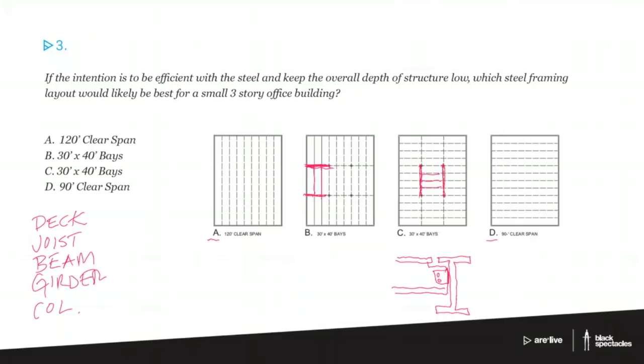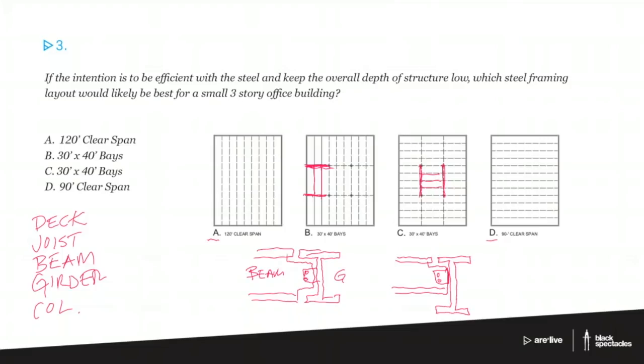When we look at that same situation in the B scenario, where the girder, the one that's taking more load, is spanning a shorter distance, and the beam, which is taking less load, is spanning the longer distance, then you can usually get it to look something more like that, where the beam and the girder are roughly the same size.